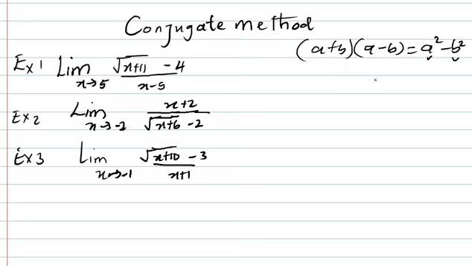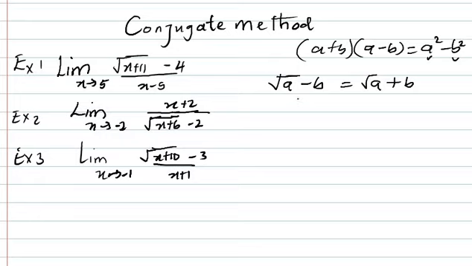The conjugate of, let's say, root of a minus b is root of a plus b. If you have root of a minus b, the conjugate of this is root of a plus b.